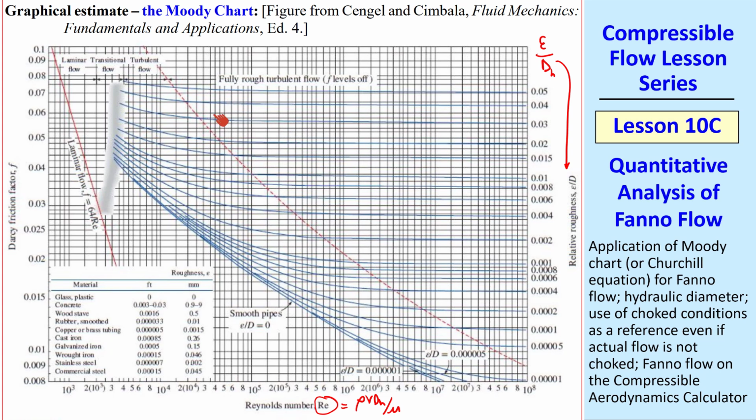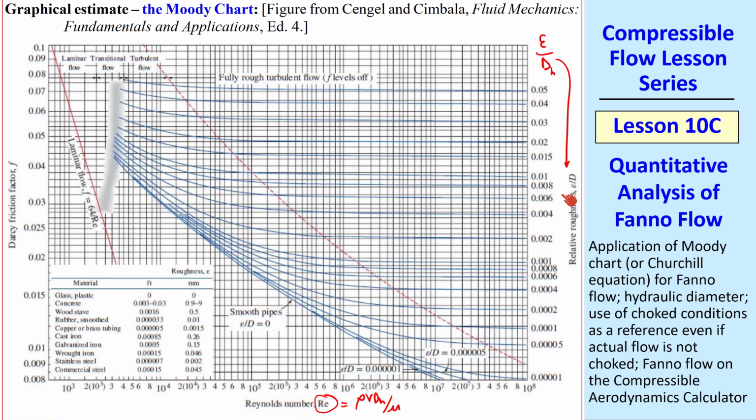But you can clearly see this fully rough zone. For example, if relative roughness epsilon over dh is, say, 0.002, this curve is almost completely flat for high Reynolds numbers, like 10 to the 7th. So if our Fanno flows have high Reynolds numbers, setting f equal constant is quite a reasonable approximation.